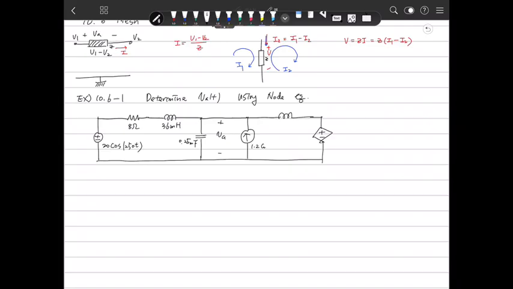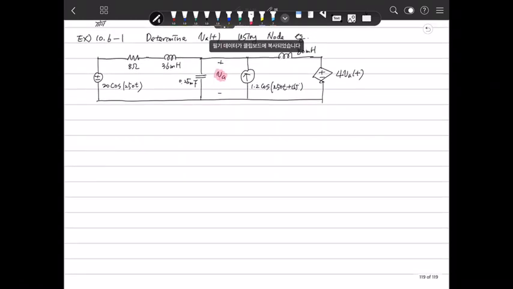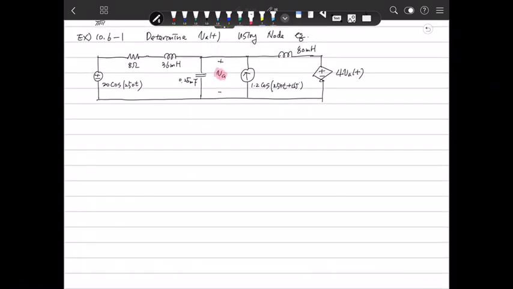Then 1.2 cosine(250t plus 45 degrees) is the source, that is 80 millihenry, and this is 4 VA. The question is, what is VA? That is my question. It is a little complicated, but we can solve it very simply using the phasor. So it's very fun. Right, let me redraw this circuit.